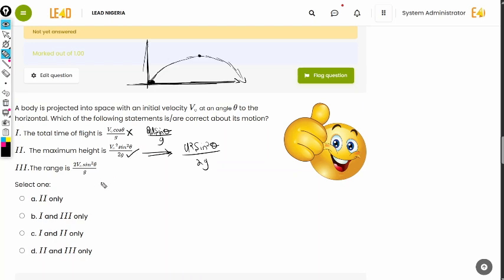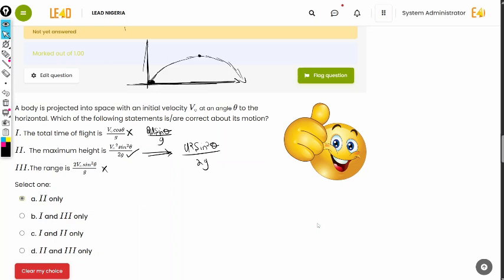This is correct, and the formula for range here is wrong. So the correct answer is option A, only the second statement there is correct. So you must learn your formulas and know them.